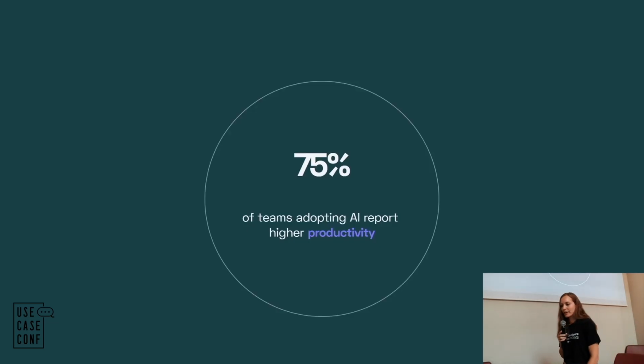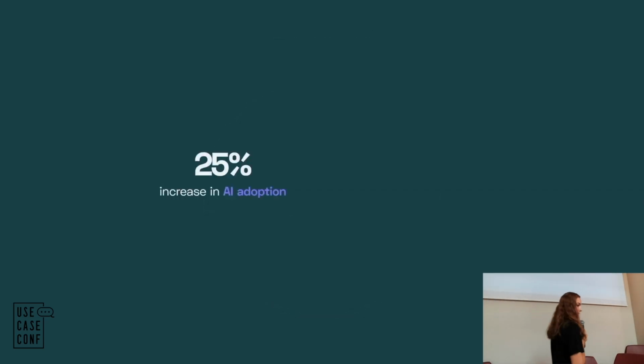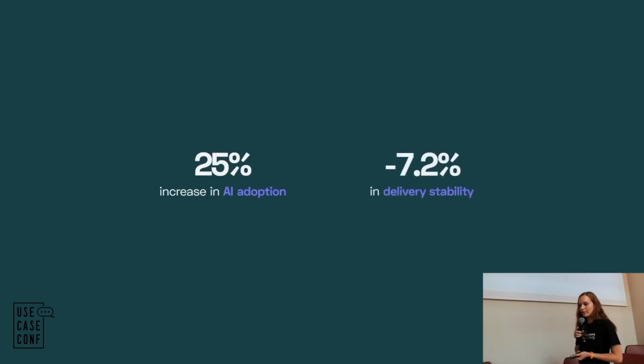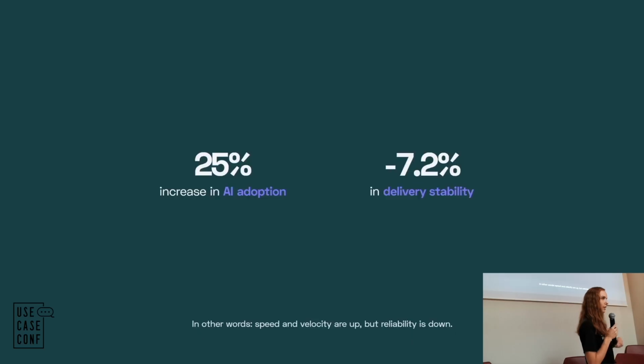And that's not surprising, right? But there's a catch. Because this report also says that for every 25% increase in AI adoption, teams are also seeing a 7.2% drop in delivery stability. And that's scary because it means that teams are going a lot faster now. They're deploying a lot more code, and speed is up, velocity is up, but the code reliability is down. And that's not a good position to be in.